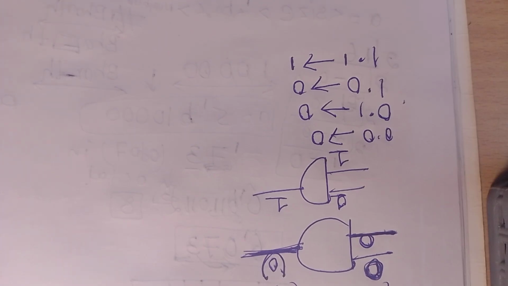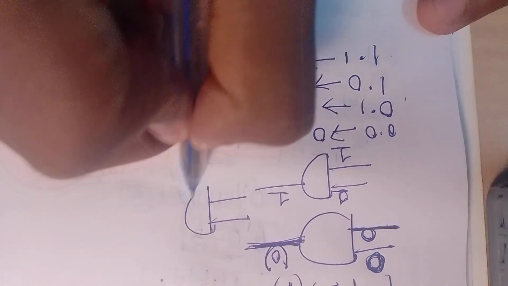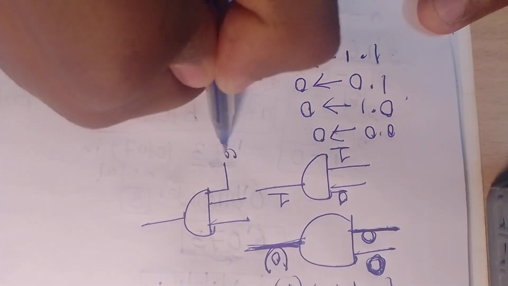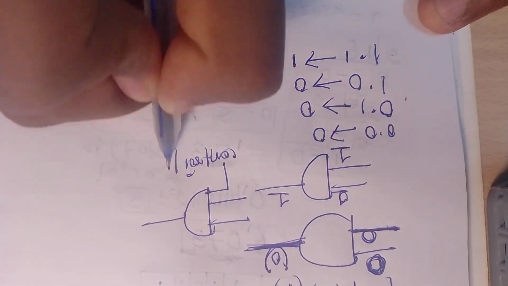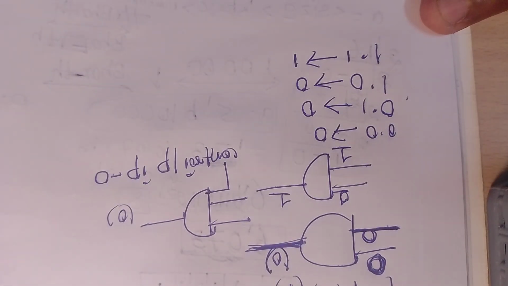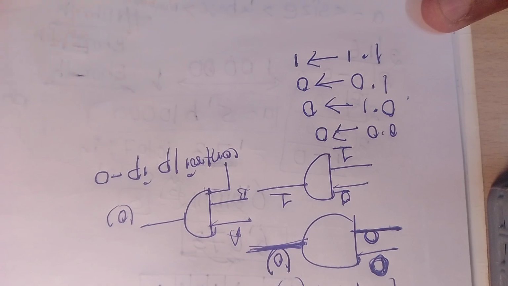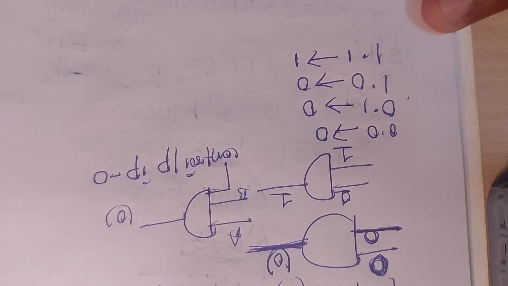If I want to enable this gate, I need to provide a control input. If I need to disable the gate, I give the control input as 0, so my gate will always be disabled. Whatever inputs you provide, it doesn't matter, because the control input is 0 so the output will be 0 only.